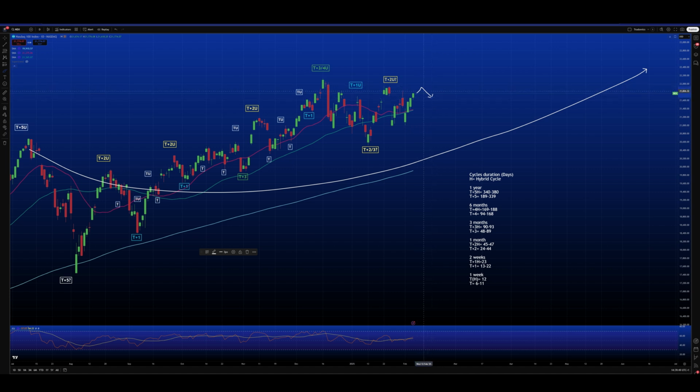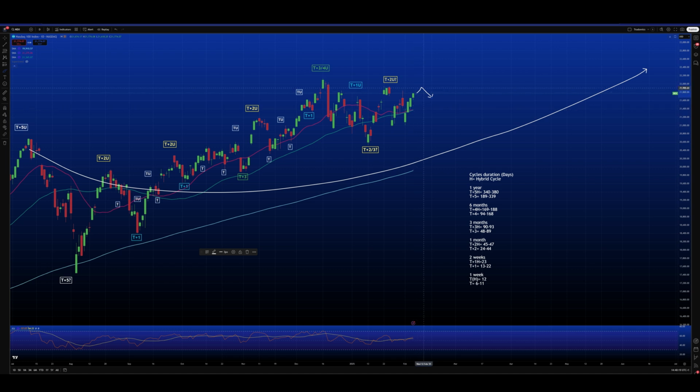This downtrend will be important to gauge, because if the downtrend starts with more than 1, 2, or 3 red candles, then the T plus 2 might not be segmented here, but can be segmented next week. And if the T plus 2 starts next week, we have to reach at least this level with the moving average 50 period.